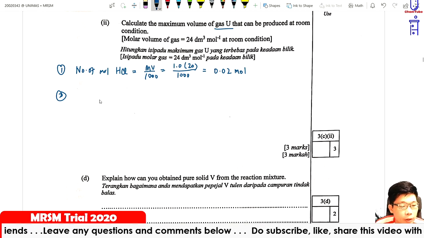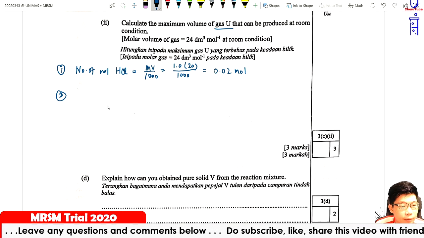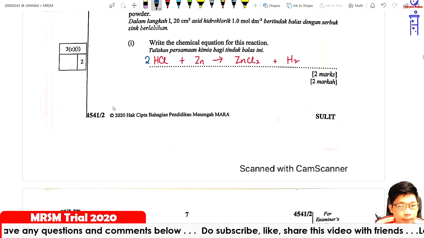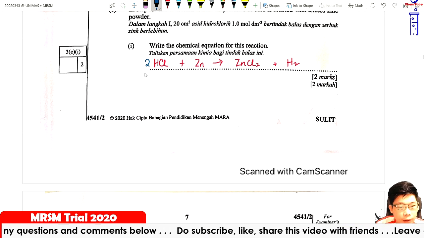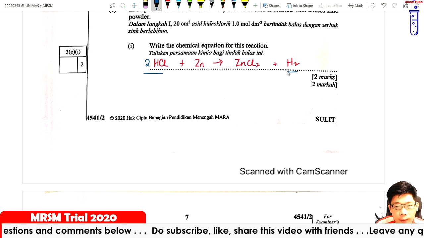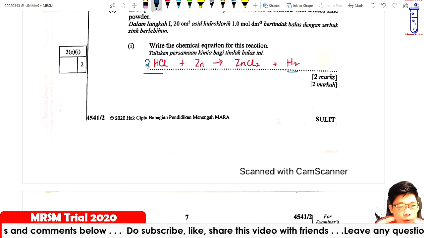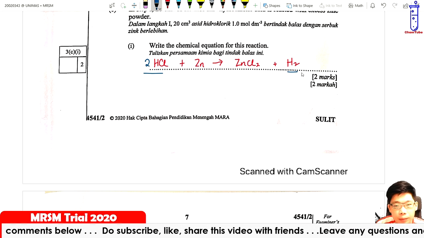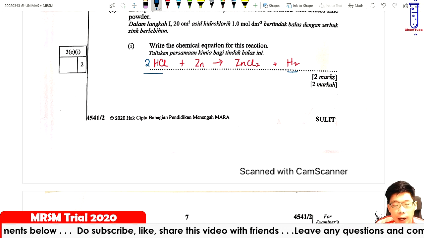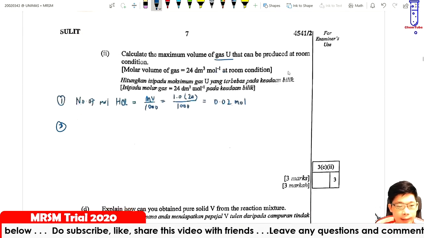Step number 2, we need to compare the number of moles for the acid and the gas. The mole ratio is 2 mole of hydrochloric acid to 1 mole of hydrogen gas.